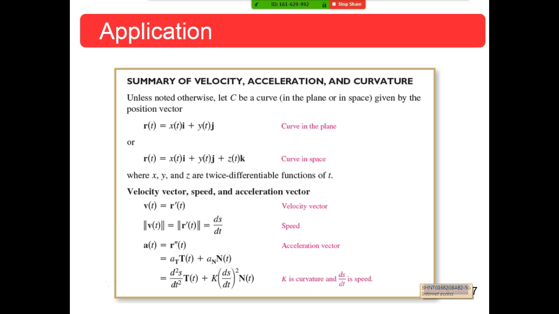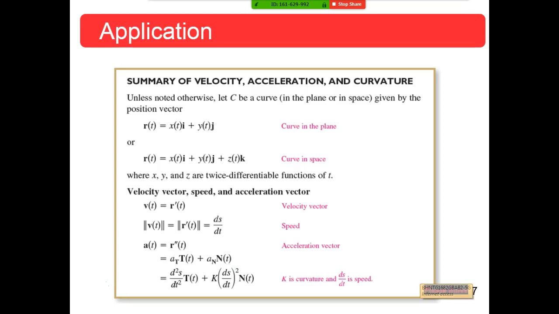Your acceleration vector is r double prime of t, okay? And you can either write that in terms of i, j, and k, and that's pretty straightforward, or you can write it as a sum of the tangential component of your acceleration times your unit tangent vector plus the normal component of your acceleration times the unit normal vector.